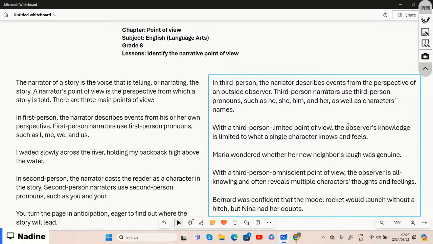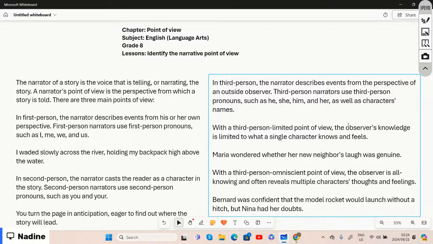Sometimes we give it in the first person, in the second person, or in the third person. But you need to give it in a manner where you are giving your own perspective of what's happening in the story, or casting the reader as a character in the story. However you give your point of view across, you have to describe it as first person, second person, or third person.